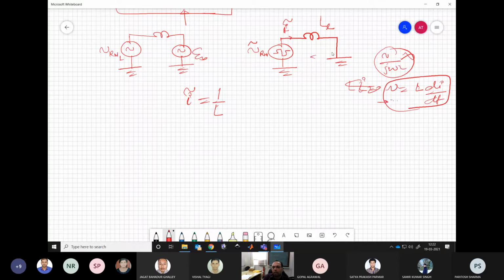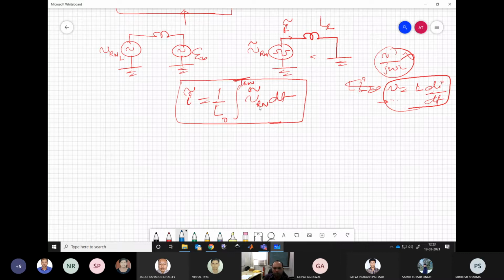This is what we need to solve for the ripple. So for the ripple component, we can write this as the integral of VRN dt. This would be our current ripple, and we do the analysis at switching frequency or switching time period, so we need not go for the full fundamental level because it is a ripple.